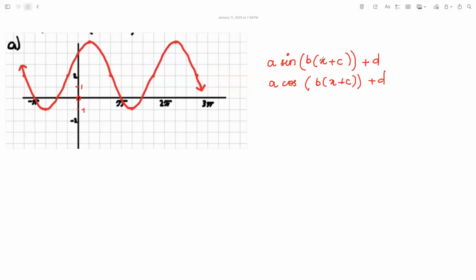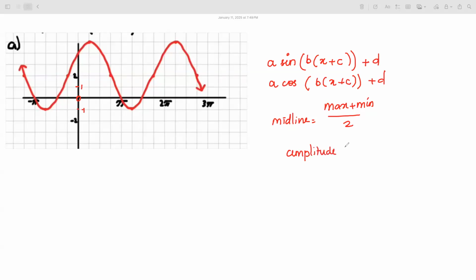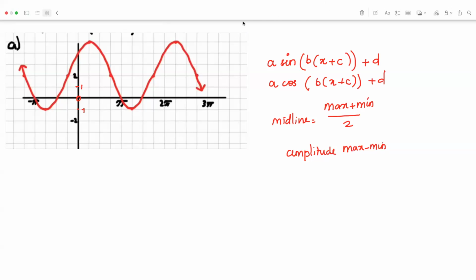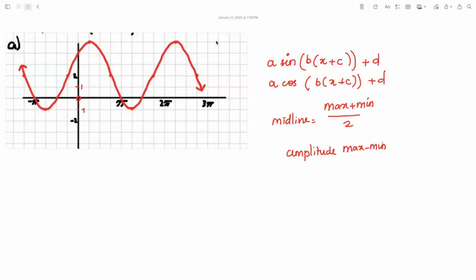Let me write it down for you. Midline is always max plus min by 2. What next? Amplitude is max minus min by 2. Go ahead.